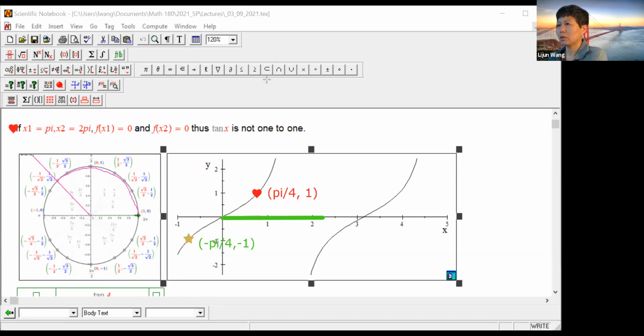Hold on, I'm sorry, I meant this should be just a little bit longer. Okay, just a little bit longer. And this is 3 pi over 4. This is the ratio for 3 pi over 4, which should be what? -1. And this length, I should make it purple.